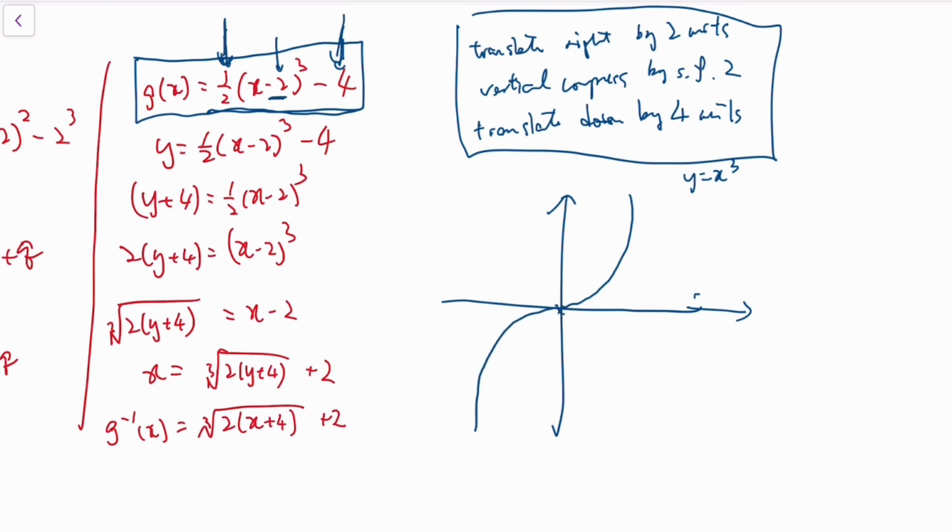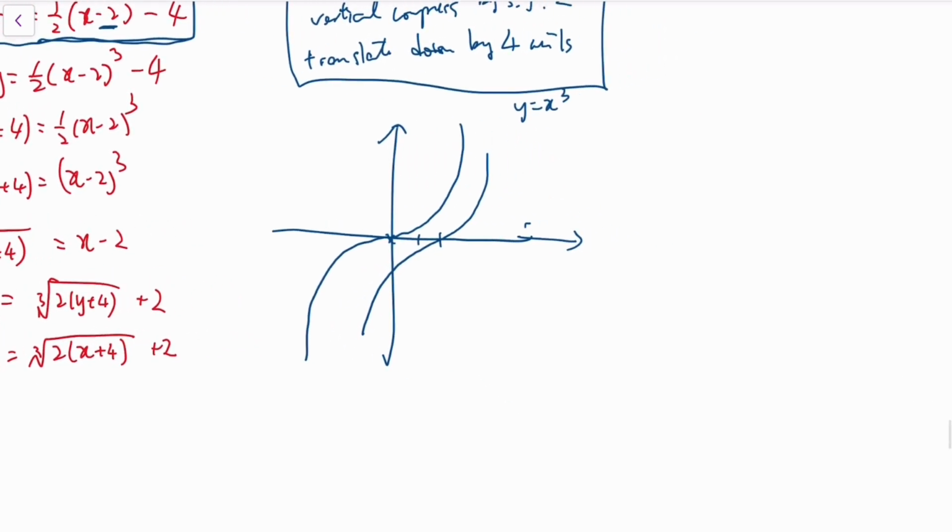So we're going to shift it to the right by 2 units, and then vertical compress, but that only makes it a bit shorter, it doesn't really show much, and then go down by 4 units. So 1, 2, 3, 4. It should look something like that.